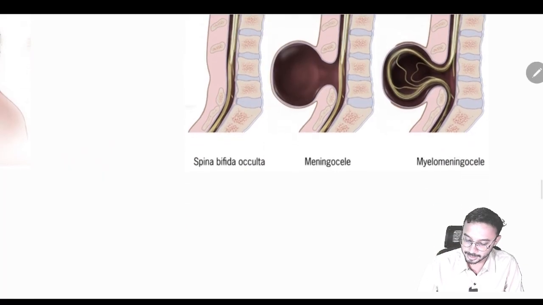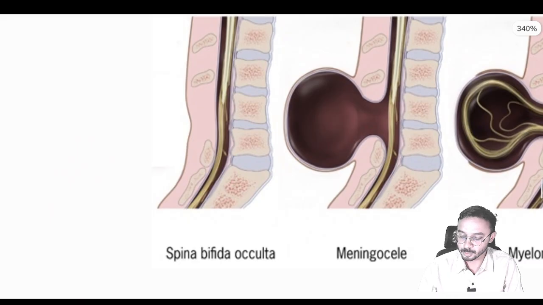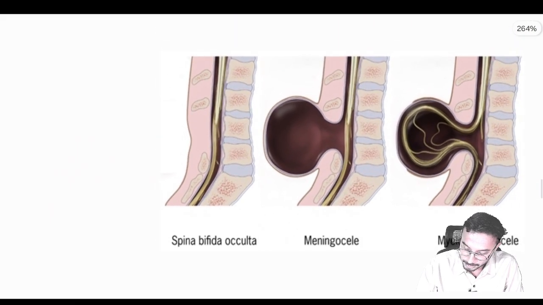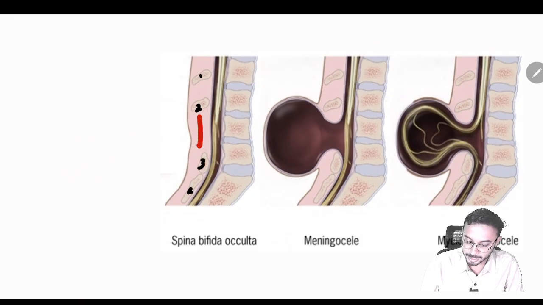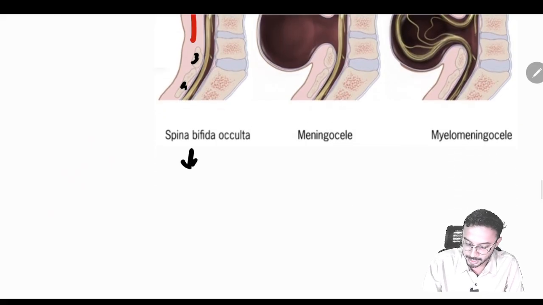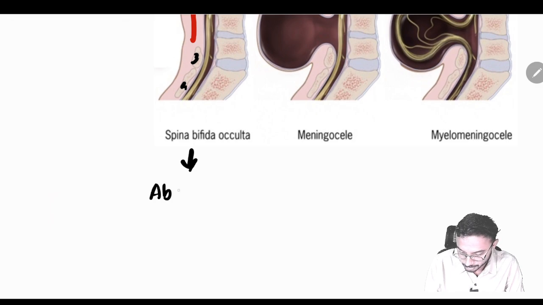Look at this first one, known as spina bifida occulta. What actually happens in spina bifida occulta is, look, this is a vertebral bone, this is a vertebral bone, here there is no vertebral bone, and here the vertebral bones are continuing. So in spina bifida occulta there is an absence of vertebral bone. Now you are getting it, what actually happens in spina bifida occulta: the vertebral bone is absent.